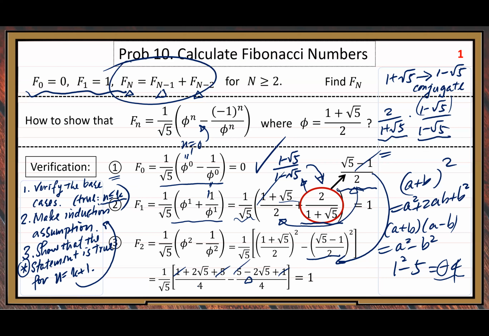After the cancellation and simplification, you can verify that F sub 2 equals 1. It's correct. So we verified the first 3 cases. Definitely, it's enough for step 1 here. So we do not need to do more.